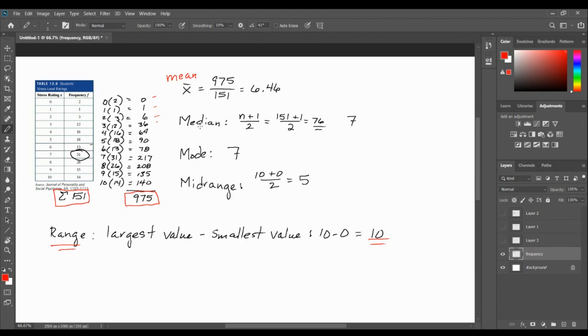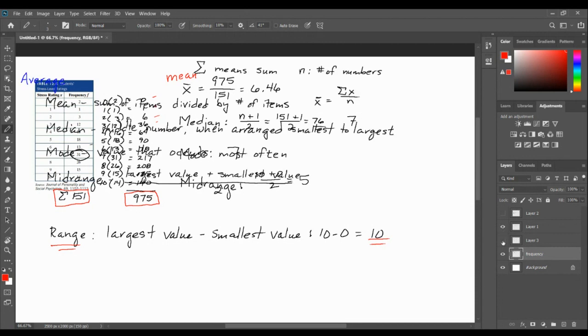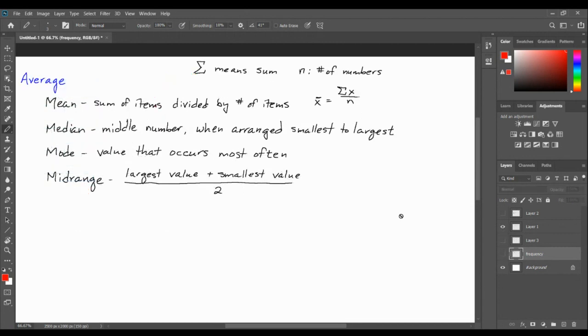The median is the middle number, and I think I defined that on another page. Let me show you that. The mean is the sum of the items divided by the number of items. The median is the middle number, but you have to arrange it smallest to largest. That is key to calculating the median.